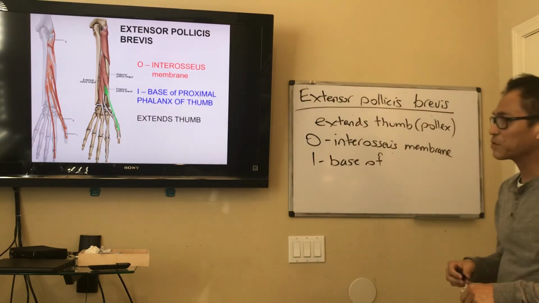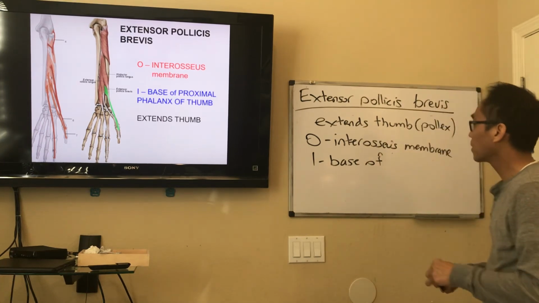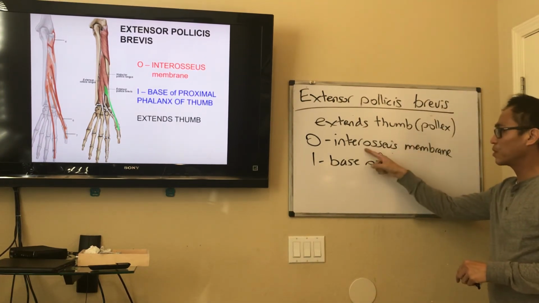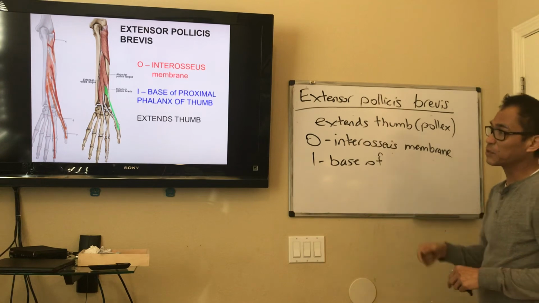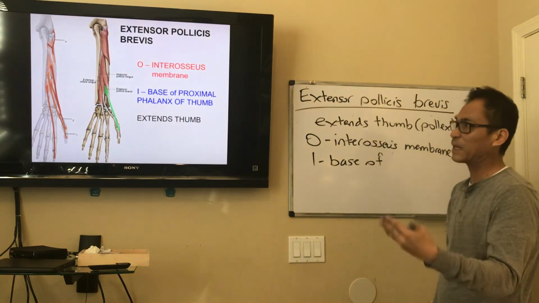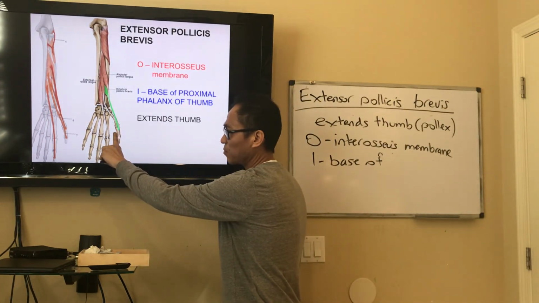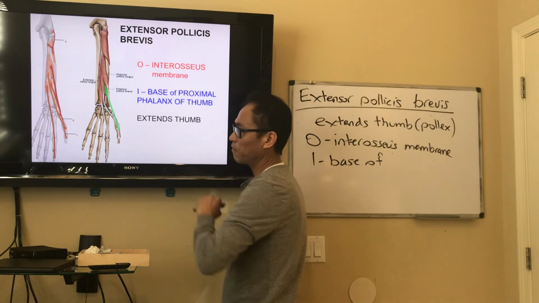There are flexors of the thumb. We're not doing them, but you can look them up if you want. Extends the thumb, originates on the interosseous membrane. It inserts on the base of the proximal phalanx of the thumb. So that's this bone there. There are proximal and distal phalanges of the thumb.